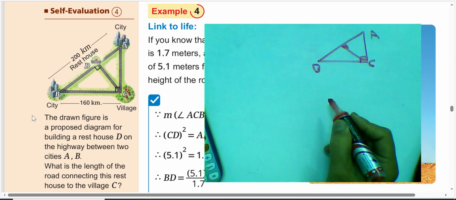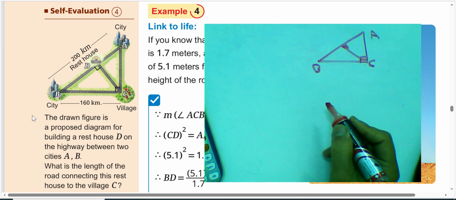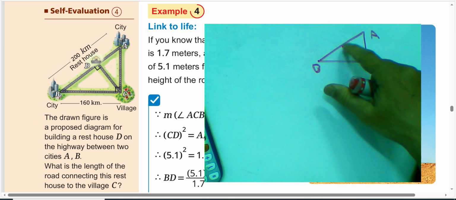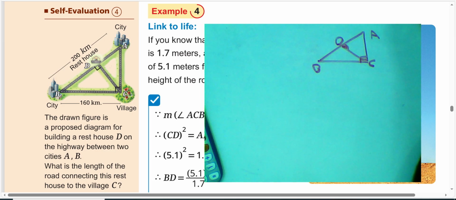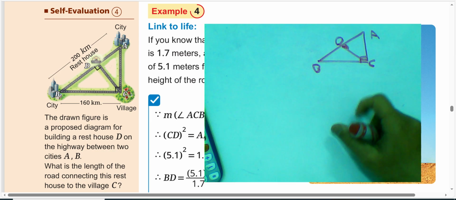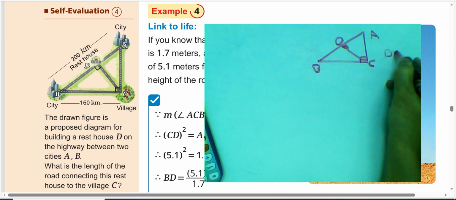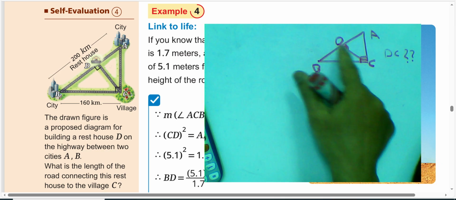The drawing figure is a Bruce diagram for a building. We have house D. The highway is between cities A and B. What is the length of the route connecting this raised house to the village C? We want to find the length from D to C.